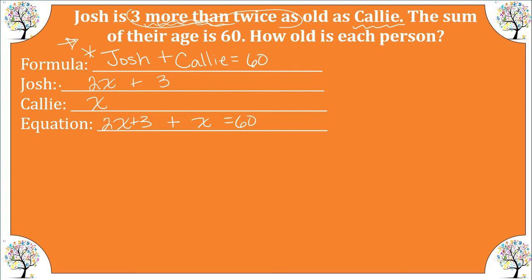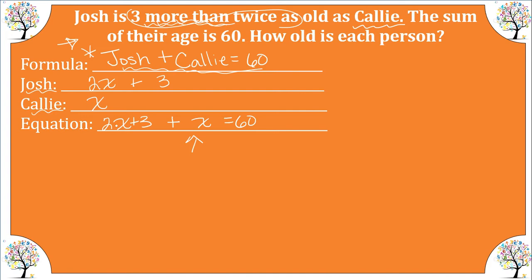Then we represented each component, Josh and Callie, using the same variable. Then we plugged it into our formula to create an equation. Many times if somebody doesn't write out the formula, they will forget to add this additional x that represents the other person.